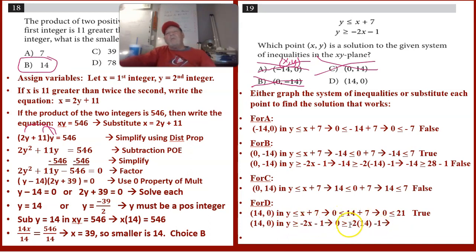So 0 greater than or equal to negative 2 times 14 minus 1. So 0 greater than or equal to negative 28 minus 1, which is negative 29. Is 0 greater than or equal to negative 29? It sure is. That's true. So it will be choice D. Wow, that took some time, didn't it? It sure did. And some of your problems will take some time when you get to the SAT.